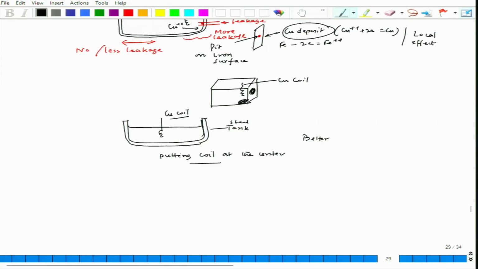So, if we can prevent the ion transfer or put a resistance path to the ion transfer, we can definitely control corrosion to a great extent.